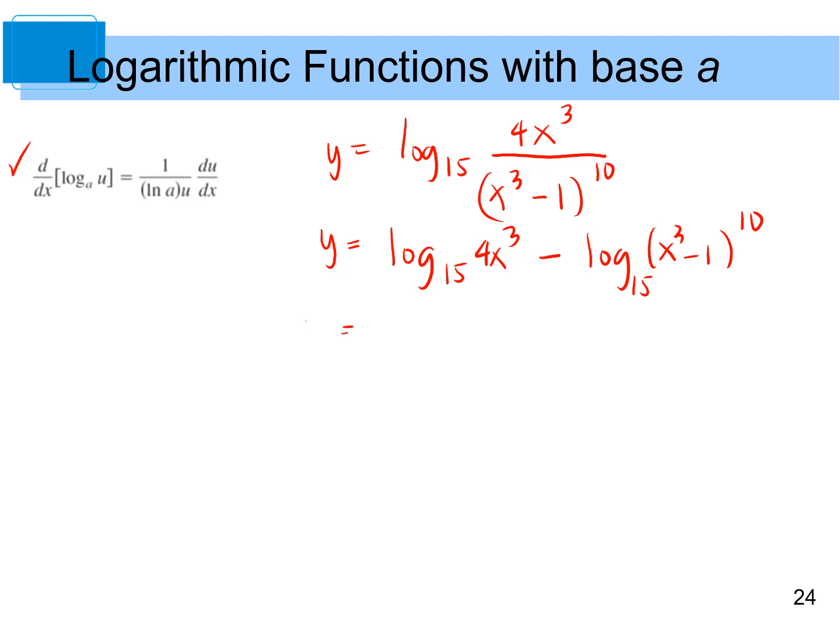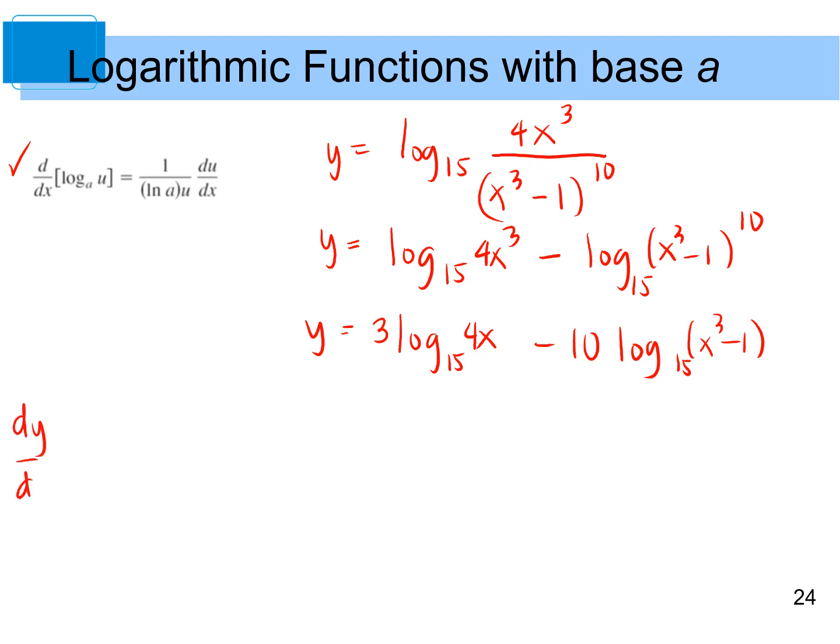So using property 4. Now we can use property 3, wherein exponents may be written as numerical coefficients. So this is now 3 times the log of 4x base 15 minus 10 times the log of x cubed minus 1 base 15. And then we now get the derivative dy over dx. So we just copy the coefficient 3.